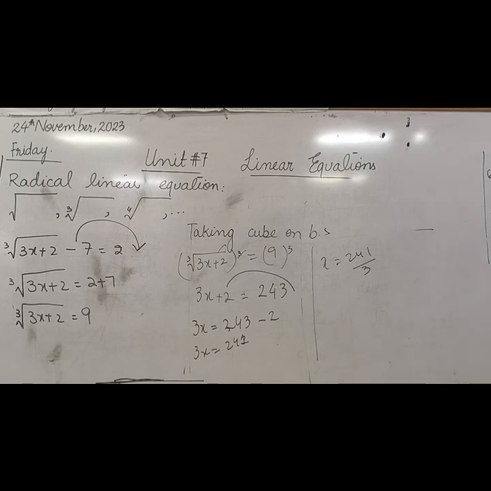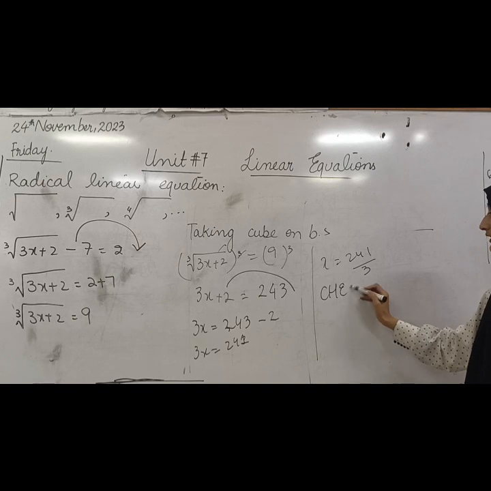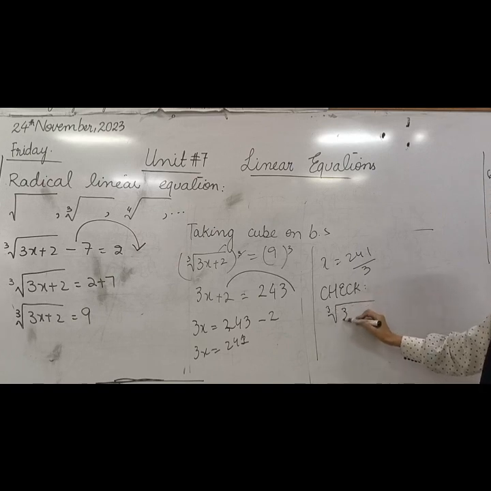3 is not divisible into 241. So we'll put this value in the equation as it is in the question and check the solution. Let's check it. First of all, write the original equation. I am again saying you have to check your solution by putting the value in the original equation.